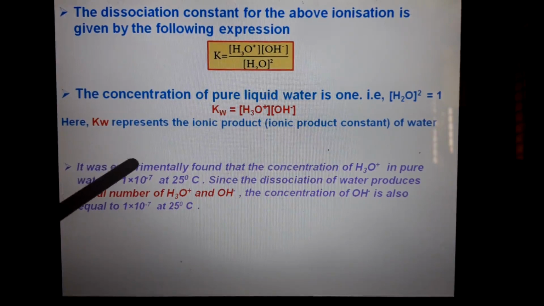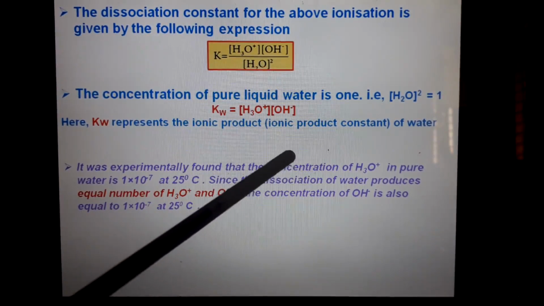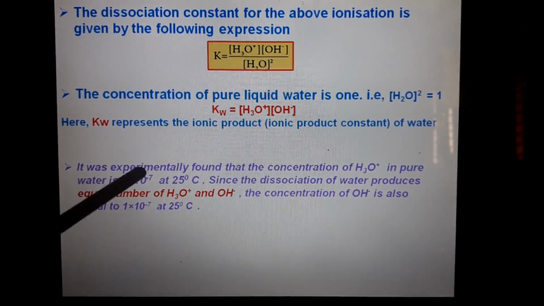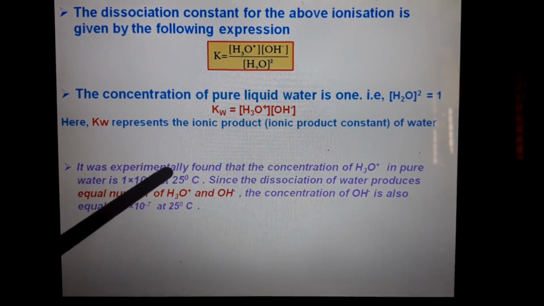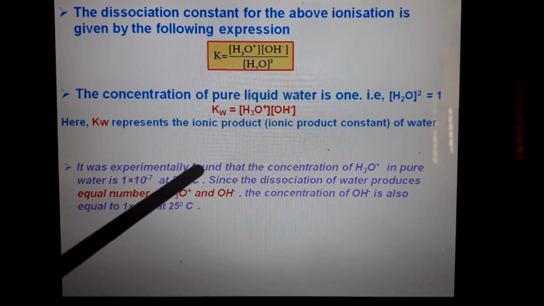Now, it was experimentally found that the concentration of H3O plus in pure water is 1 into 10 to the power of minus 7 at 25 degrees centigrade. We already discussed this earlier.